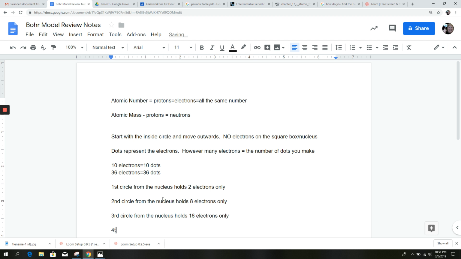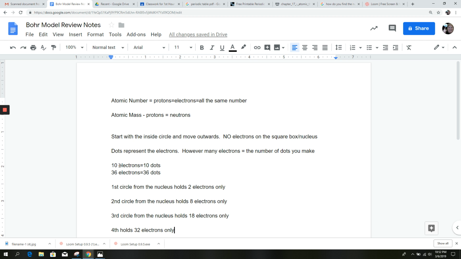The fourth circle out holds 32 electrons only.